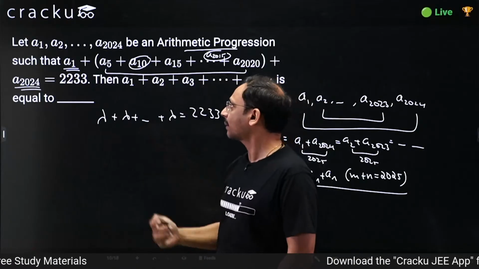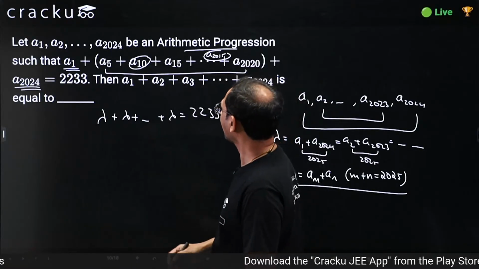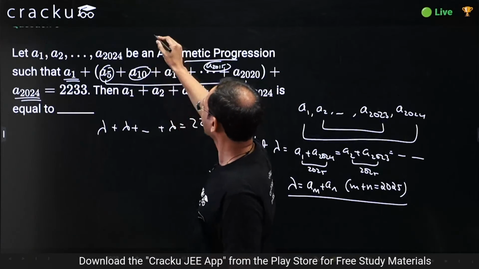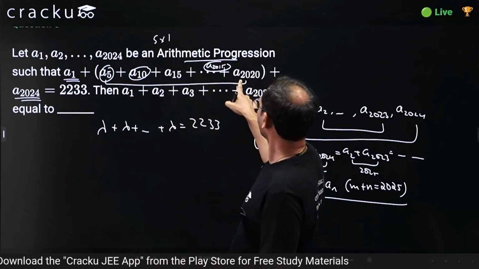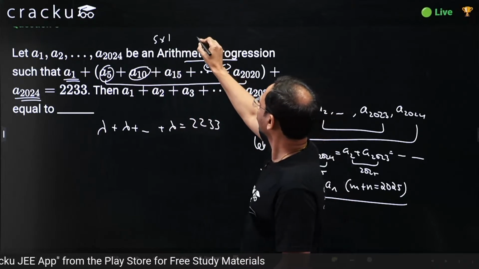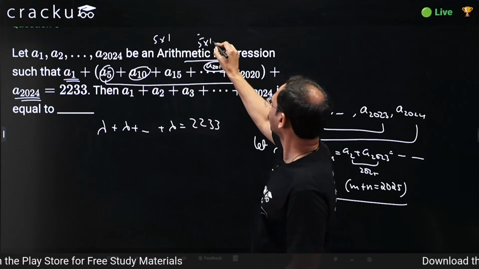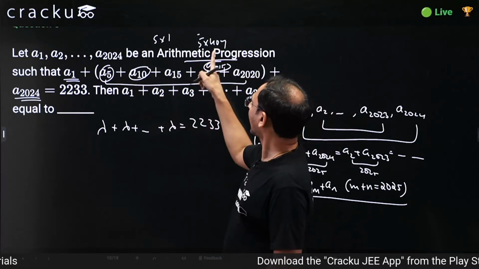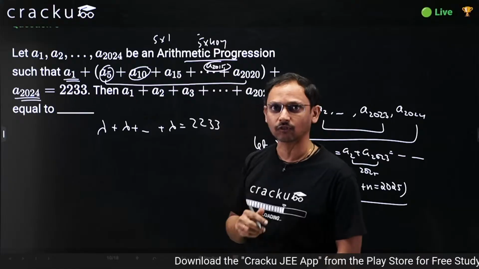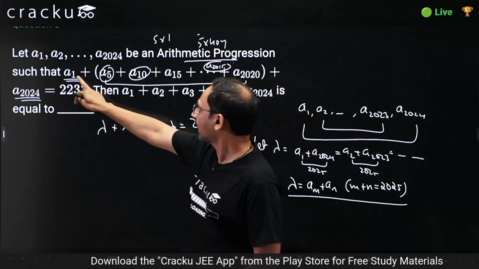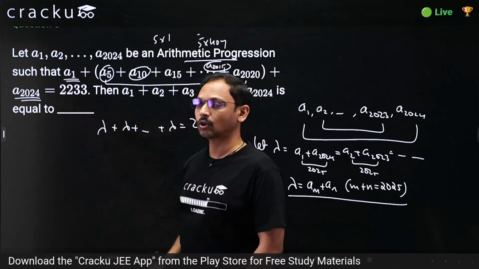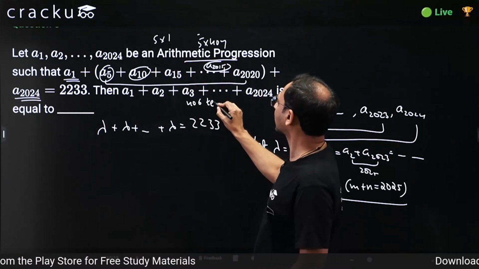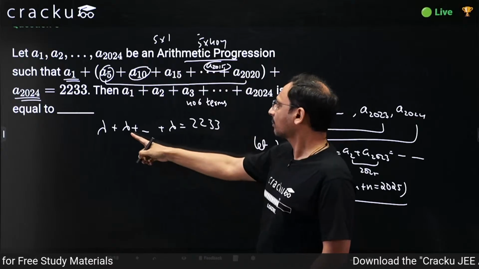Now, how many lambdas are there? If you observe, initially I have 5, which is 5 into 1. Here I have 2020, which is 5 into 404. So inside this bracket, I have 1 to 404, that is 404 terms, and 2 more terms here. So in total I have 406 terms. Now I am breaking them into pairs.